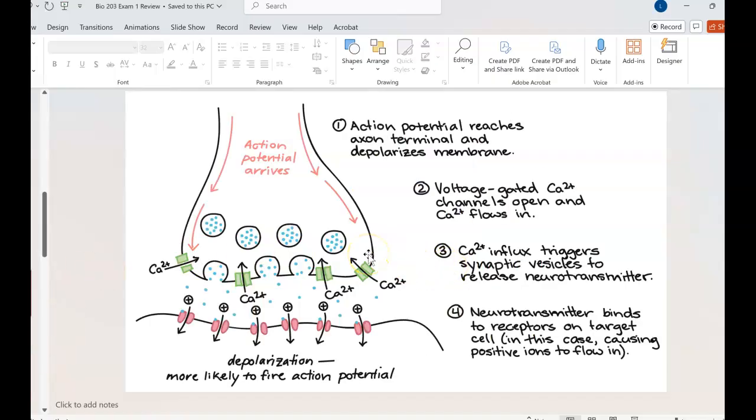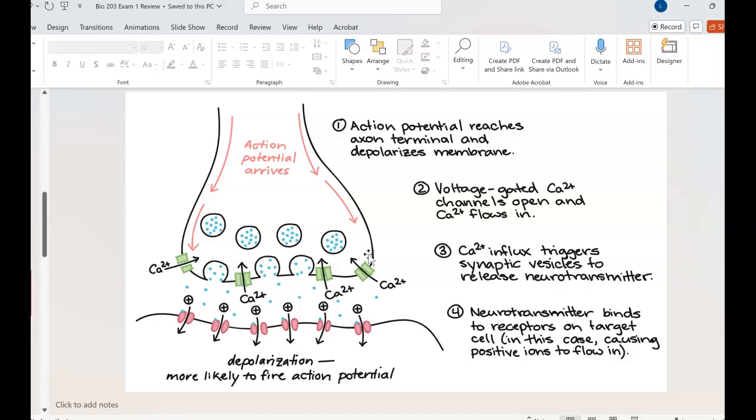Now, this picture right here, this is where we have that chemical signal. In order for that presynaptic neuron to release the neurotransmitter, no matter what that neurotransmitter is, this is the process that is going to be the same. When that action potential hits that axon terminal, it opens up calcium ion channels.